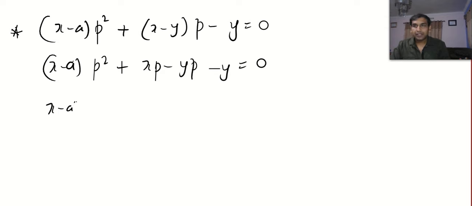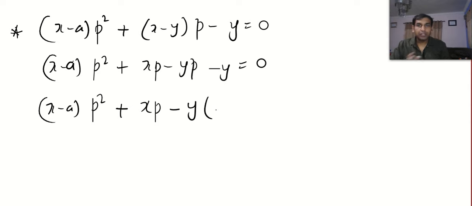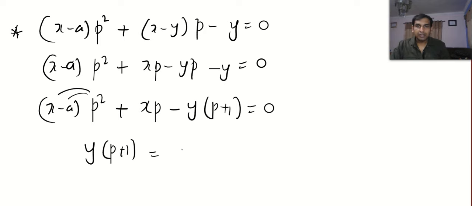So (x minus a) into p square plus xp. I'm going to take this y common because we need y in terms of x. So y into (p plus 1) is equal to, I'll just open the bracket, x into p square minus a into p square plus xp.